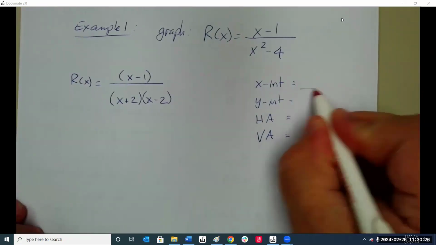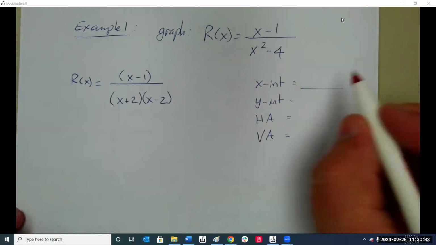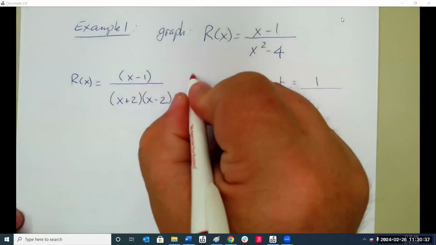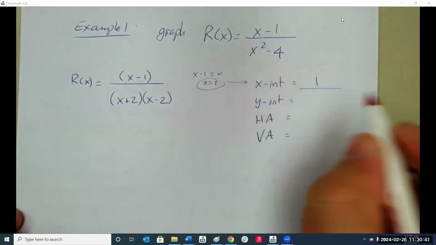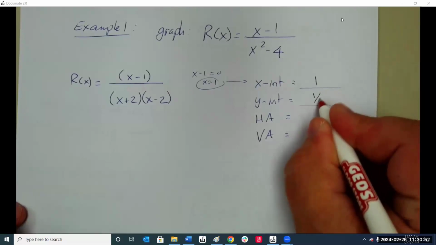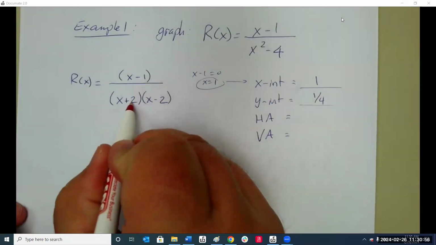So what's the x-intercept or x-intercepts? 1. It's where the top equals 0. So x minus 1 equals 0, so x equals 1. What's the y-intercept? 1/4. If we set all the x's equal to 0, we got -1 over 2 times -2.